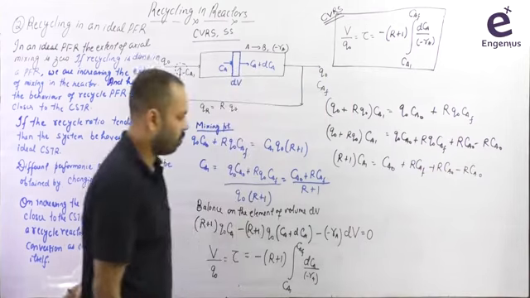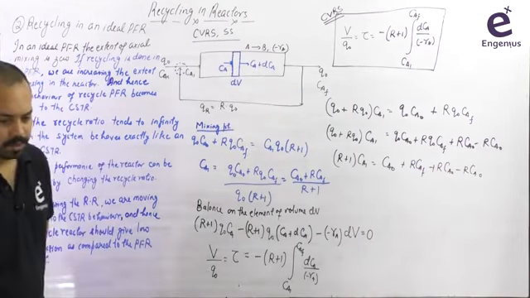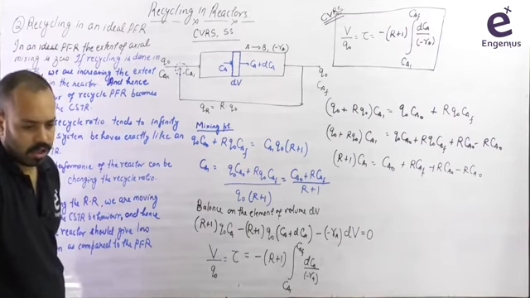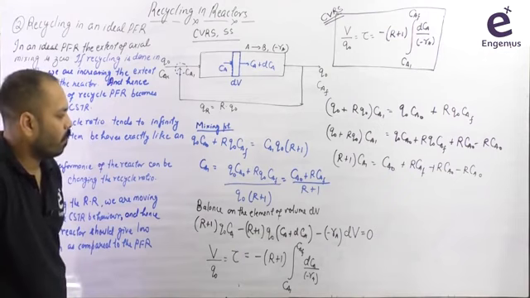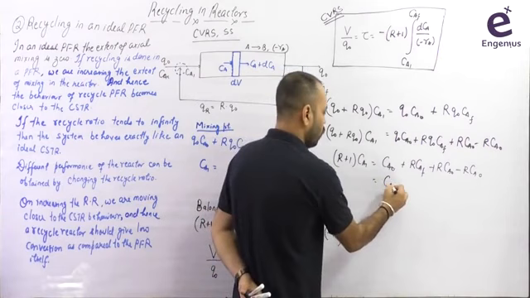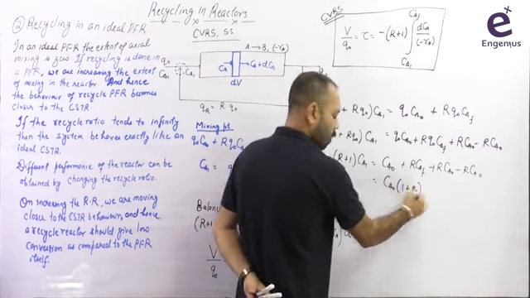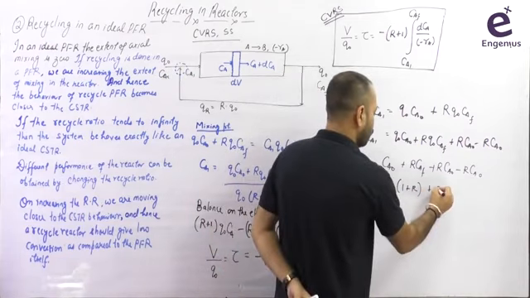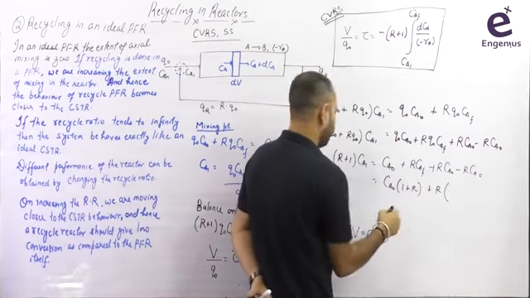Right. So I hope there is no problem here. Now I can write this relation as CA naught into 1 plus R, and then plus R times CAF minus CA naught.